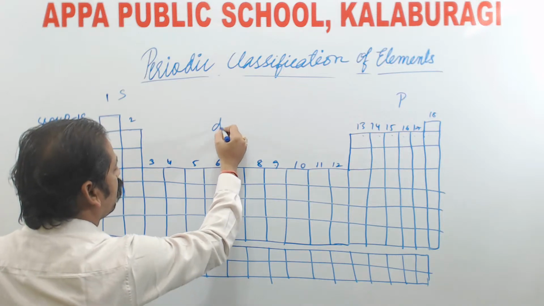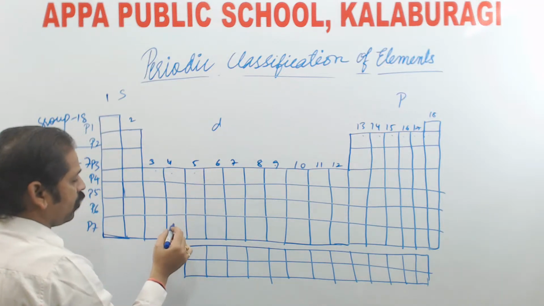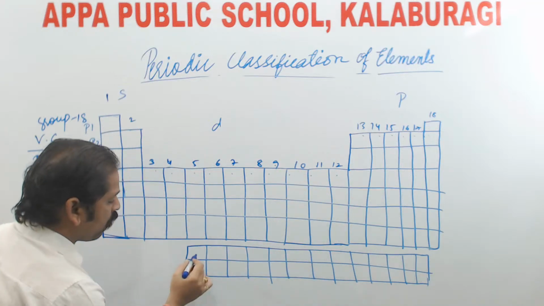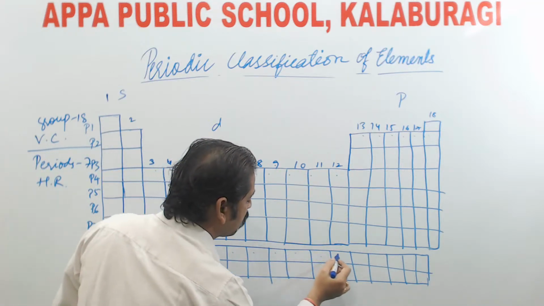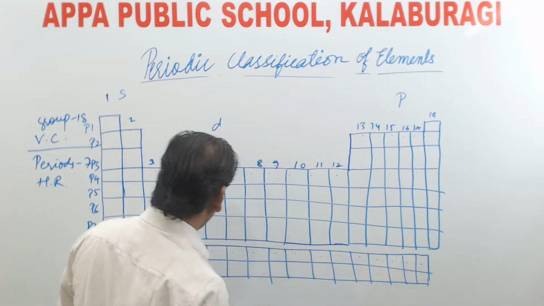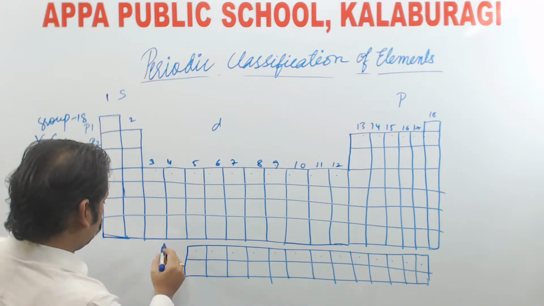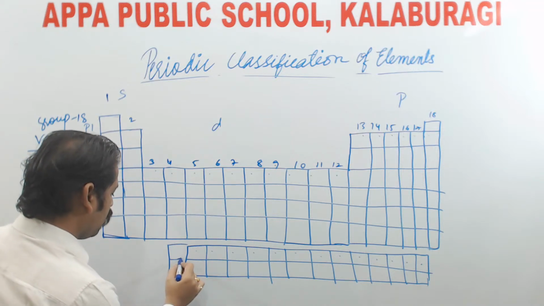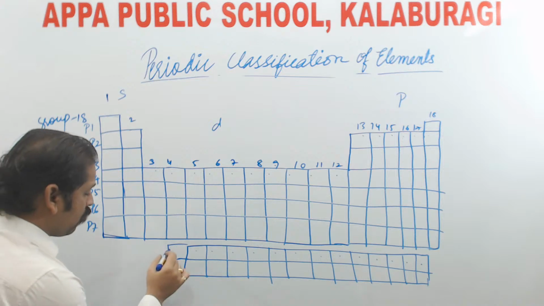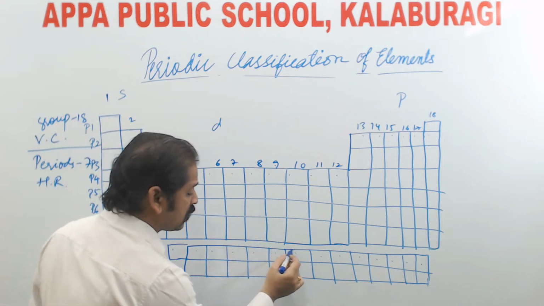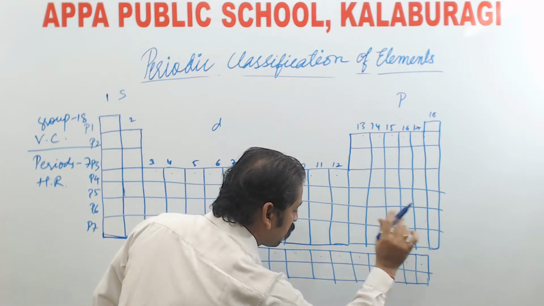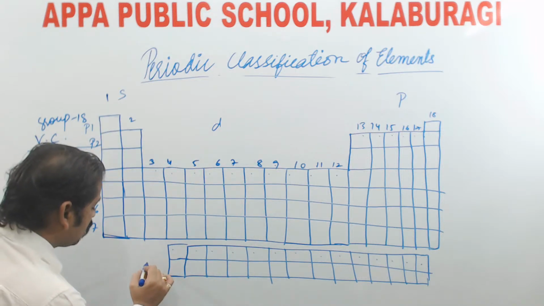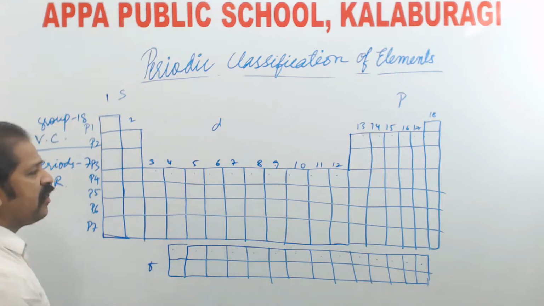D block: 1 to 10. F block: 1 to 13. One more is missing, that is 14. 14 are there now. So the S, P, D and F blocks.